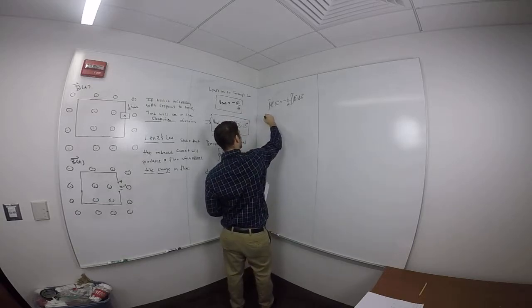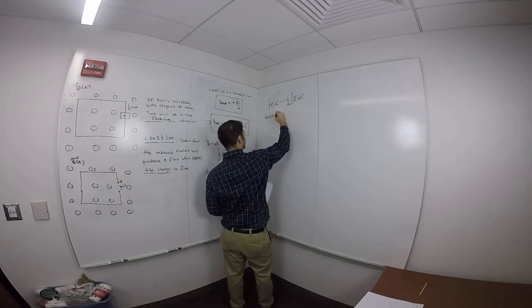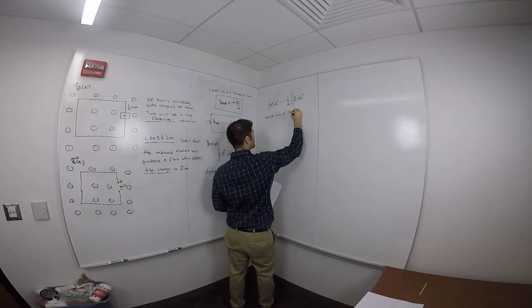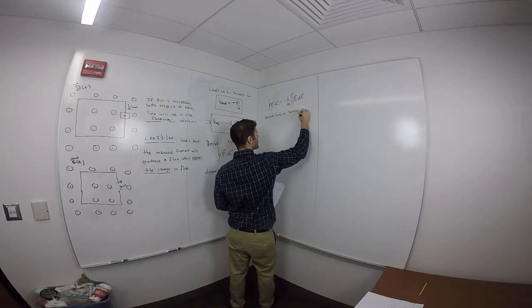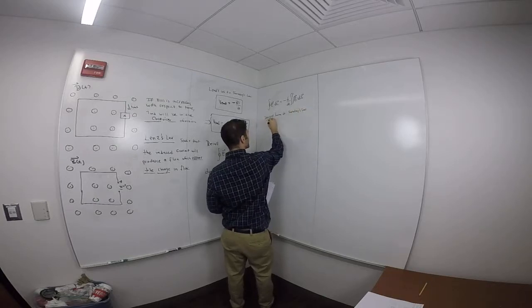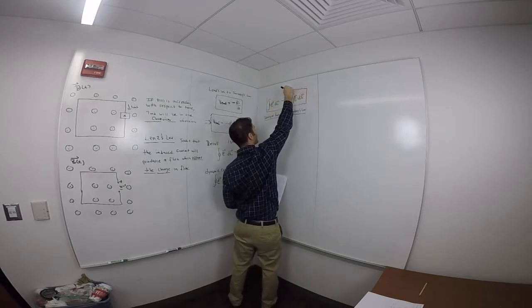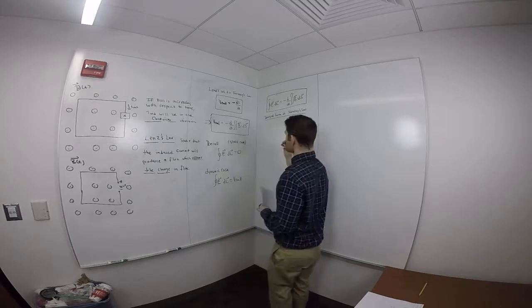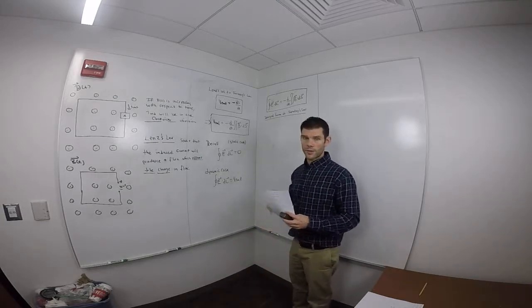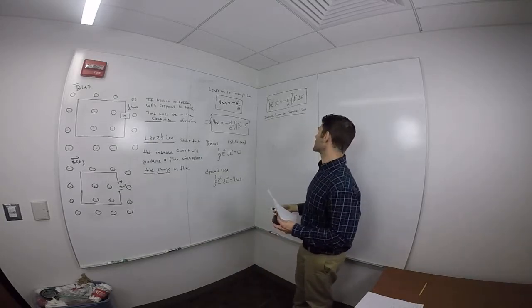So this is the integral form of Faraday's law. Okay? So the integral form of Faraday's law there. So this equation holds true no matter what, whether we're talking about the dynamic case or the static case.